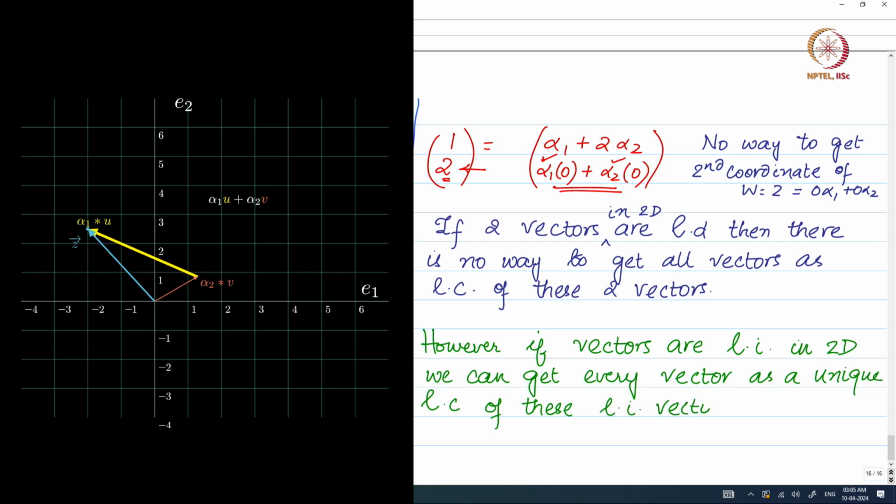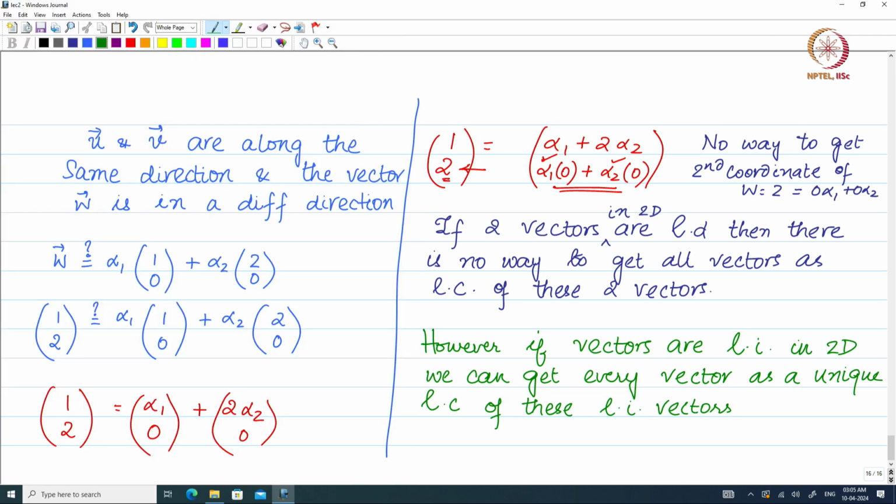And we will see that this idea is what we call the idea of basis when we look at vector spaces, where the linear combinations of the basis vectors will actually give you all possible vectors in that vector space and so on. Again, we will be dealing with that in detail.